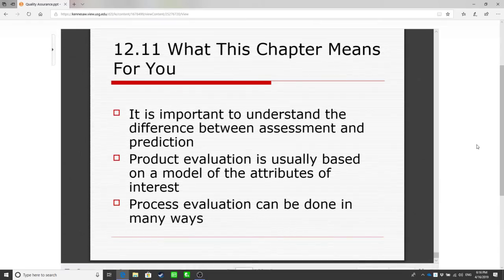It's important to understand the difference between assessment and prediction. Prediction, measurement, and control measurement were mentioned.